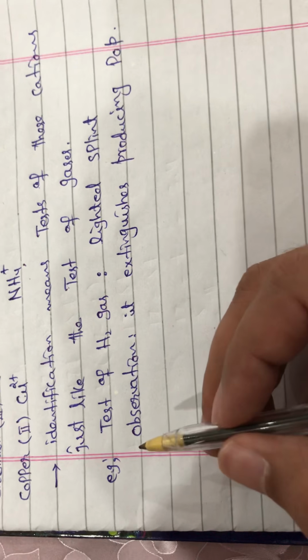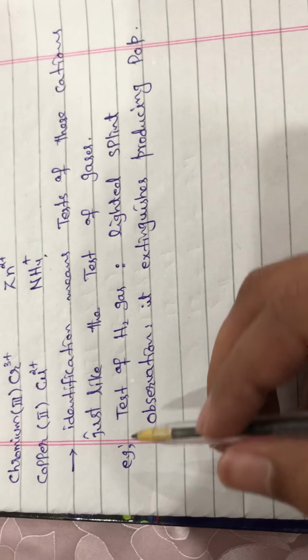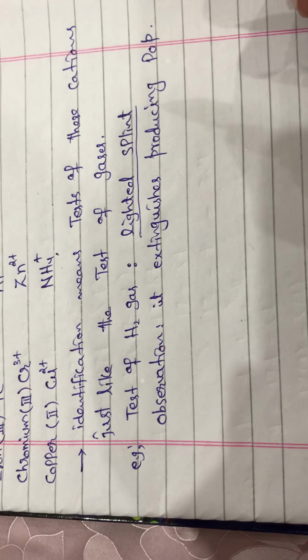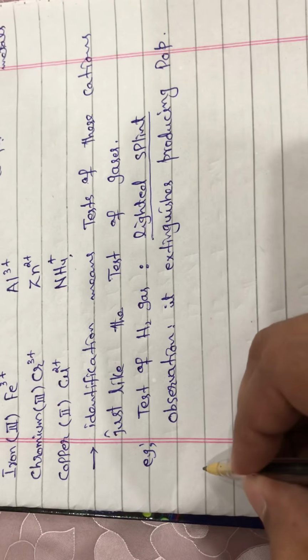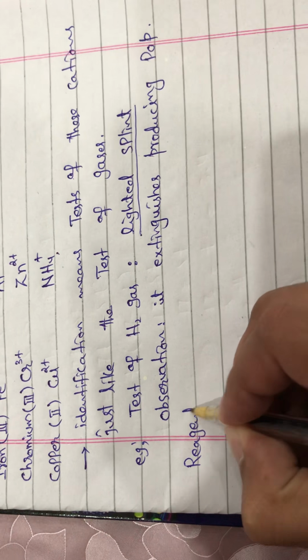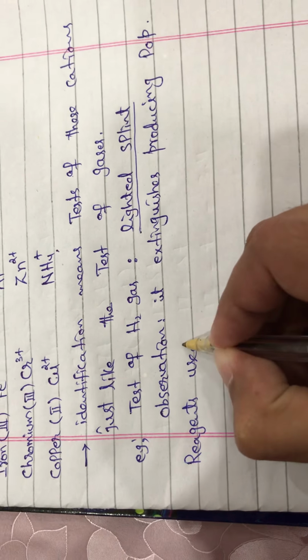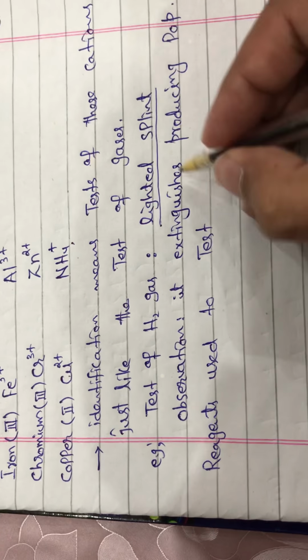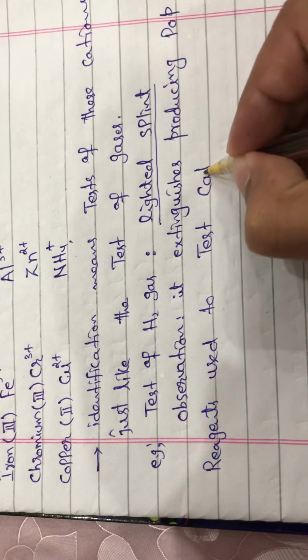So we were talking about the reagents that we will use, just like over here the reagent is the lighted splint. Similarly, the reagents used to test cations.